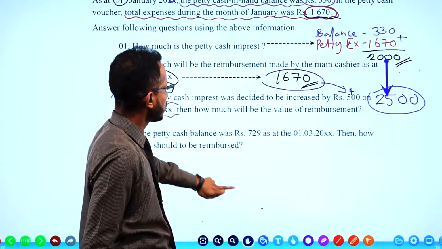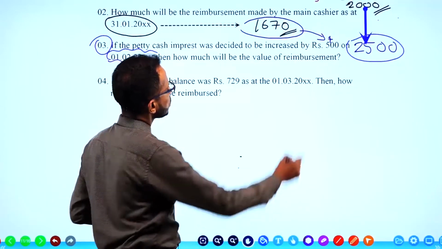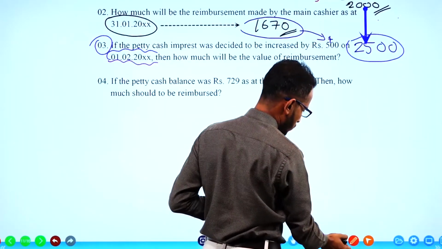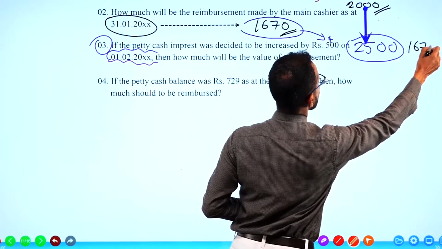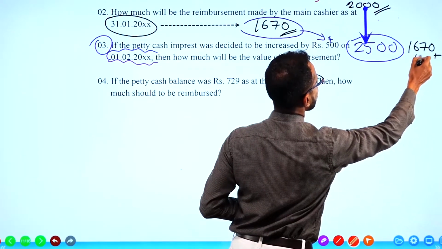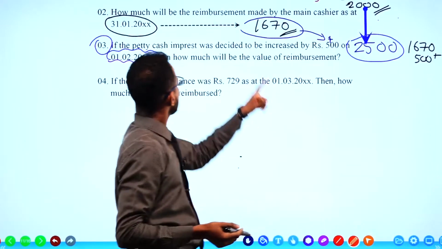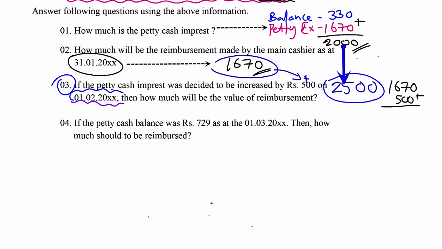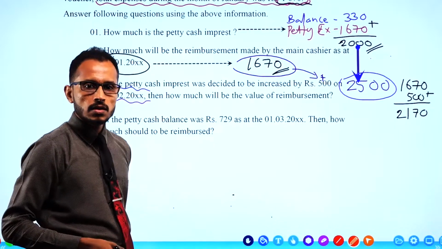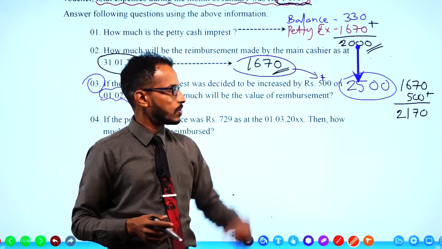When I added that 1670 plus 500, the amount which should be increased, it becomes 2170. 2170, right?